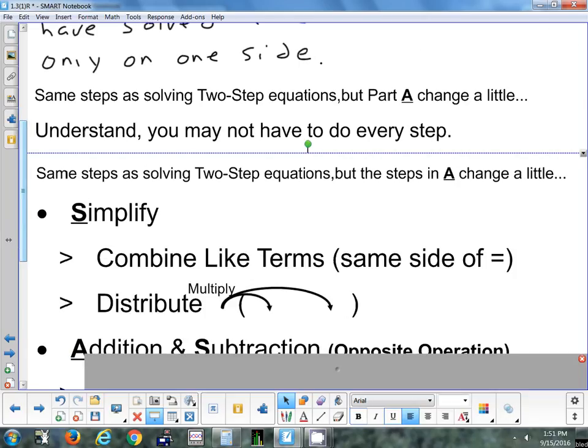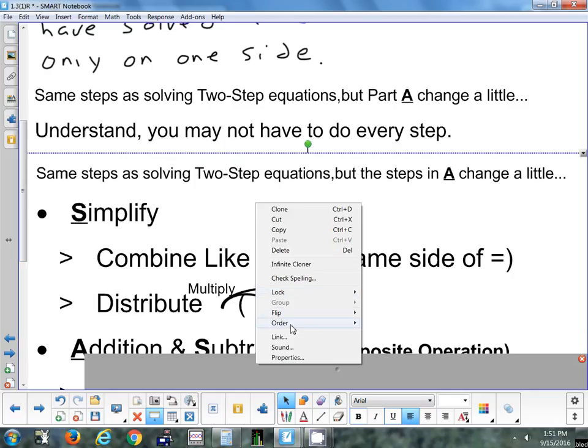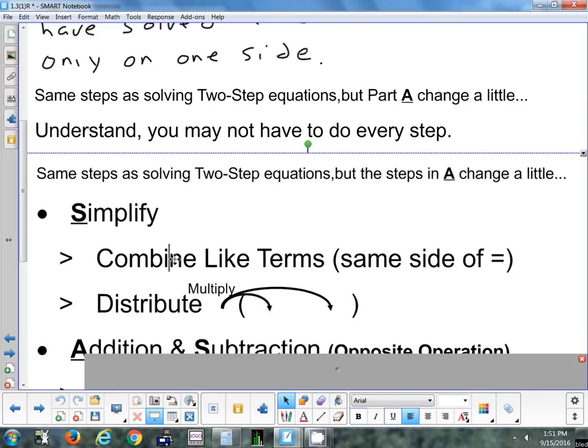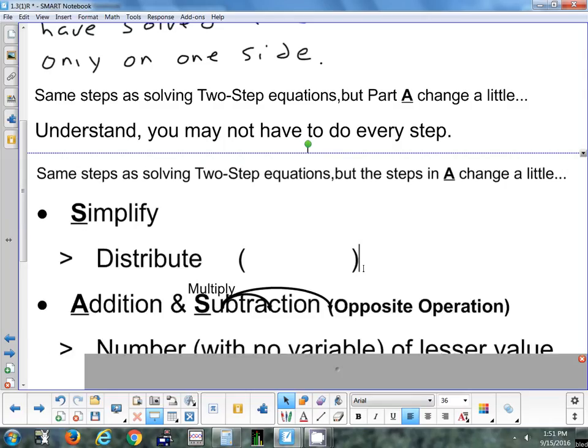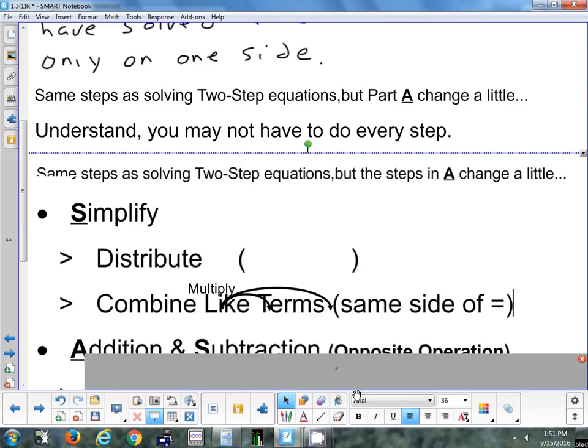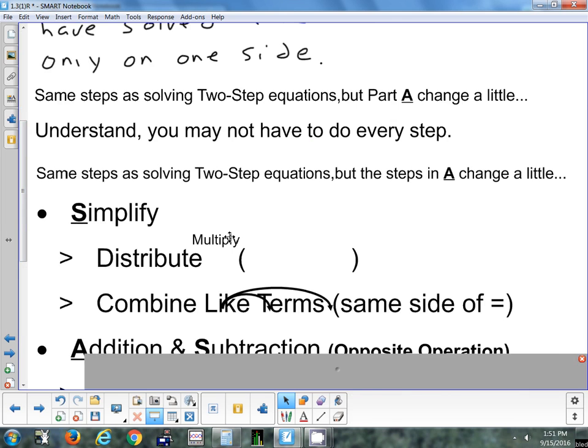Okay, so what I'm going to do is just switch the order of those two, because you always distribute first. So first thing you do is your distributive property, if you need to.